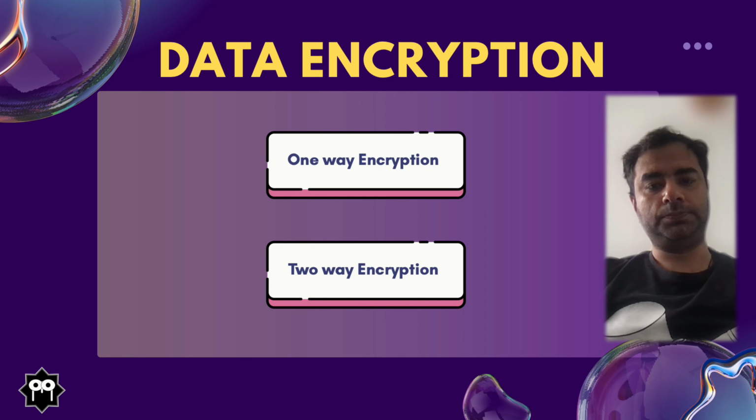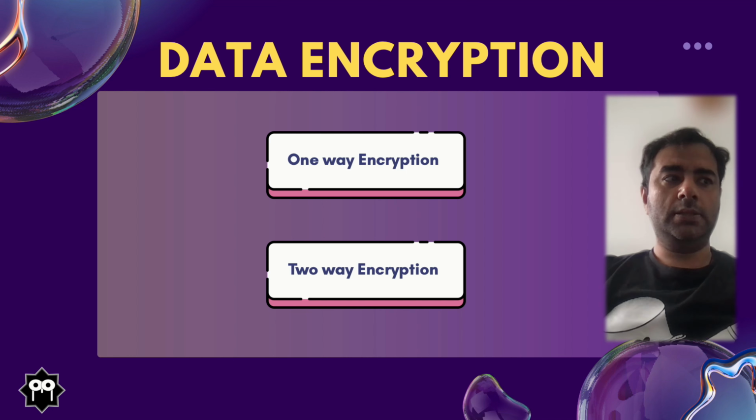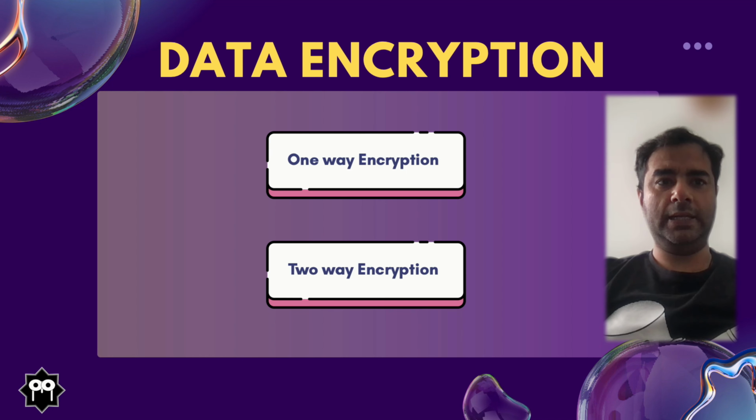So what do we do? We encrypt this information. The encryption can be of two types: one-way encryption or two-way encryption. Sensitive data must never be stored in clear text. A one-way encryption is an encryption in which once the data has been encrypted, it cannot be reversed.